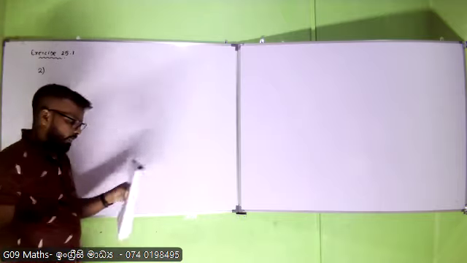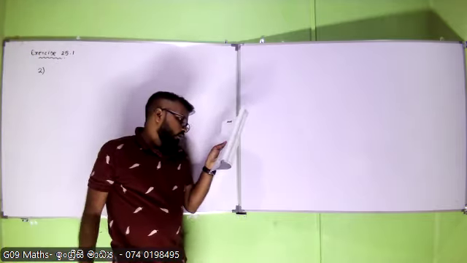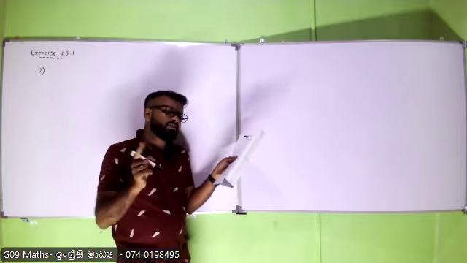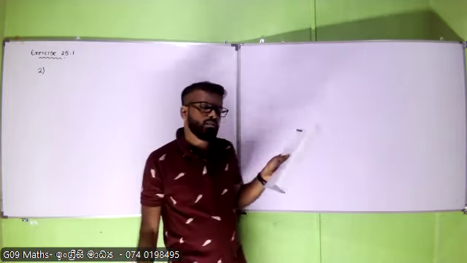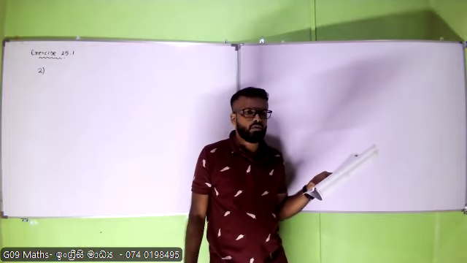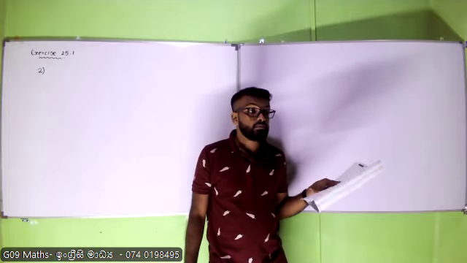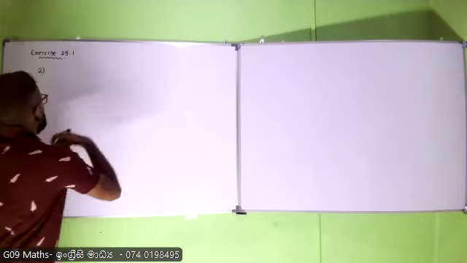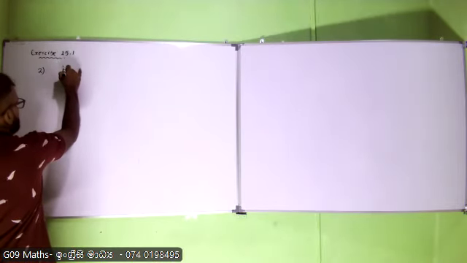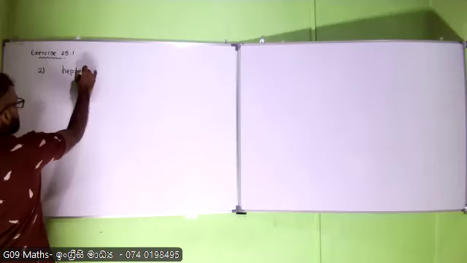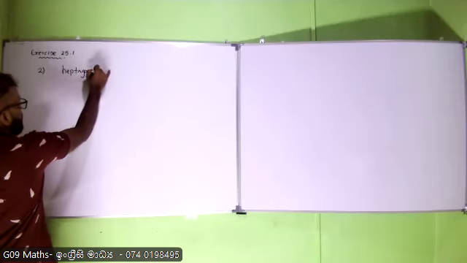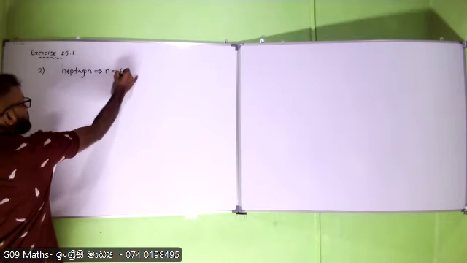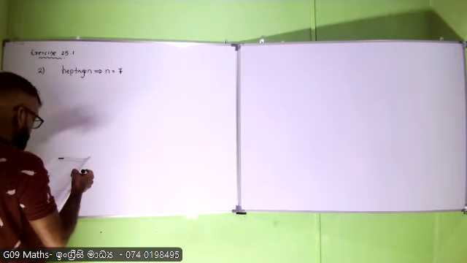Of the interior angles of a heptagon. How many sides are there for a heptagon? Seven. So for a heptagon, n is equal to 7. N means number of sides. It is equal to 7.